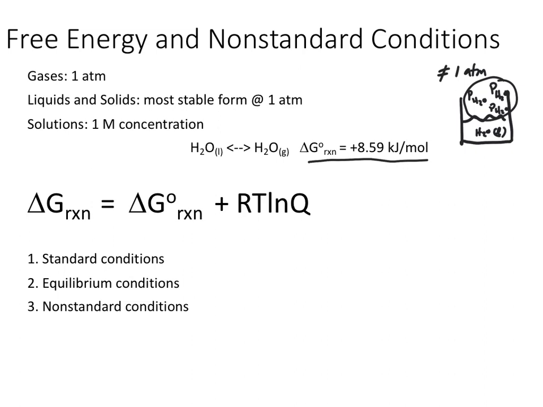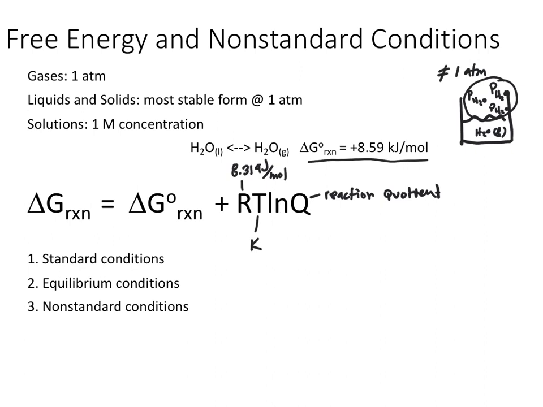Now, the correction value has components that we've seen before. R is the constant, 8.314 joules per mole Kelvin. So we've got that gas constant. We have our temperature here in Kelvin. And then we have our reaction quotient, which we have encountered before in equilibrium.